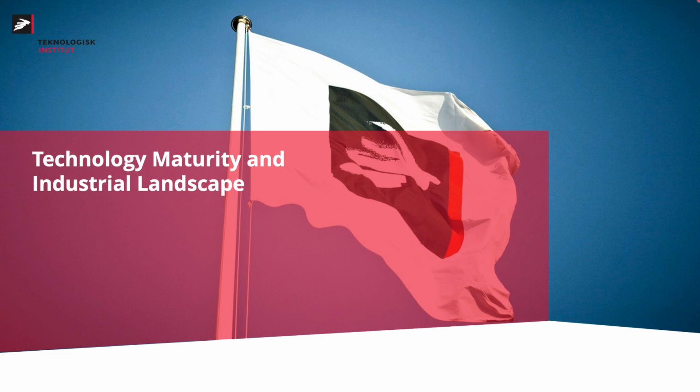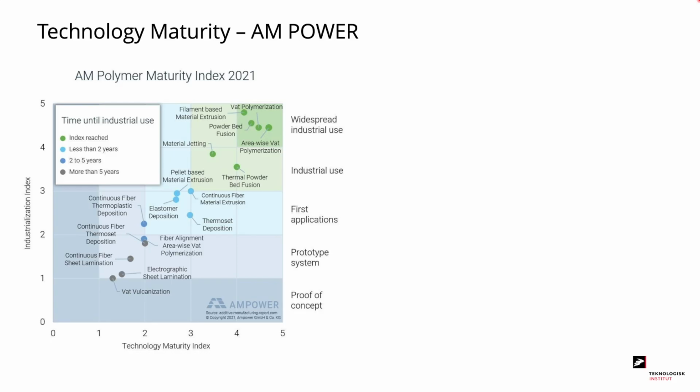Now we will have a look at the technology maturity and industrial landscape of metal AM and polymer AM. Let's first have a look at the maturity of the AM polymer technologies. All of the technologies that we covered, including VAT, filament-based material extrusion, powder bed fusion, and material jetting, are all in the top right corner, which means that they are used for widespread industrial use or industrially in general.